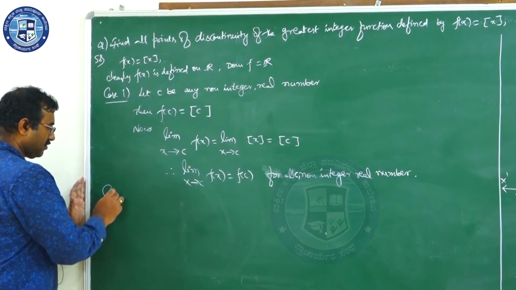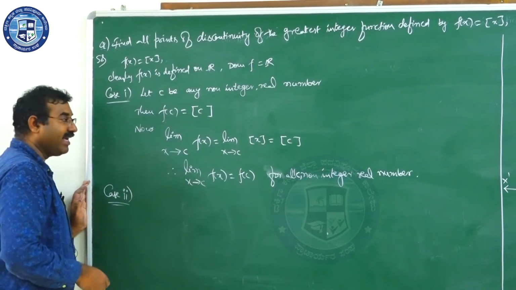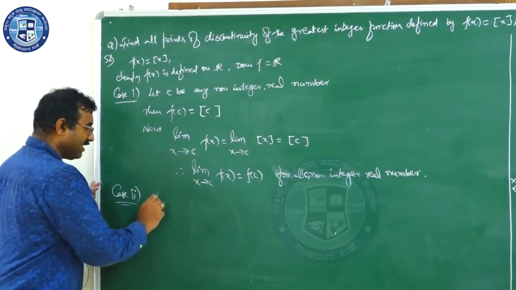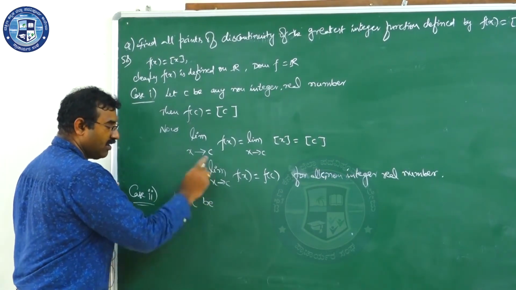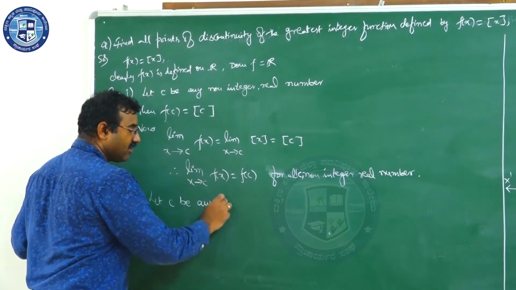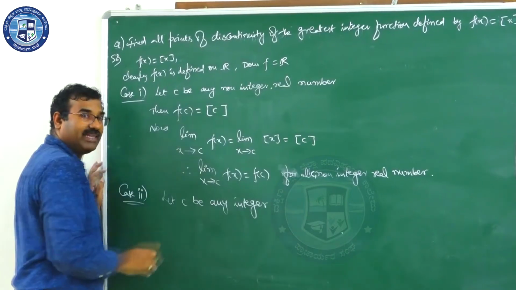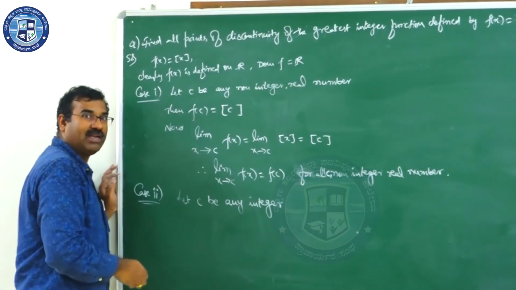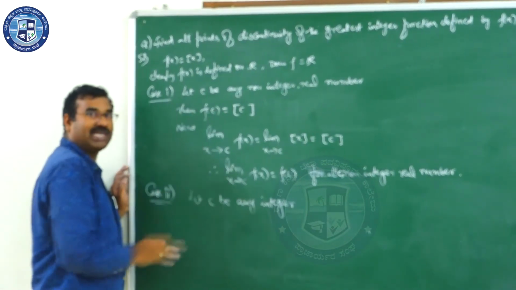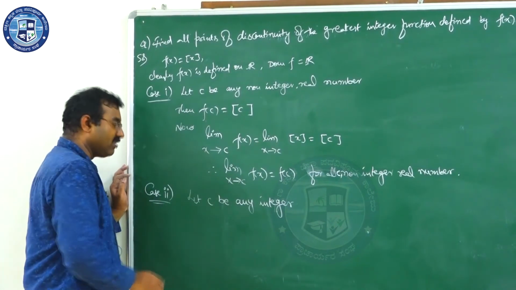Case 2. Okay, we should be very careful in presentation. Let c be any integer. For all non-integers we worked out before, and here we are working for integer values, so that we cover the entire real number system. Let c be any integer.